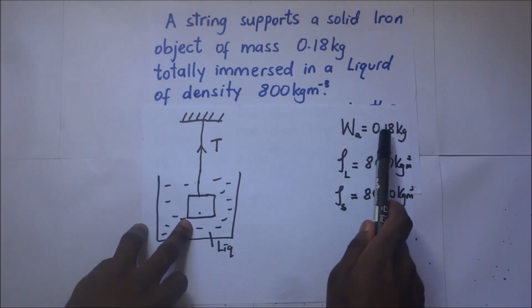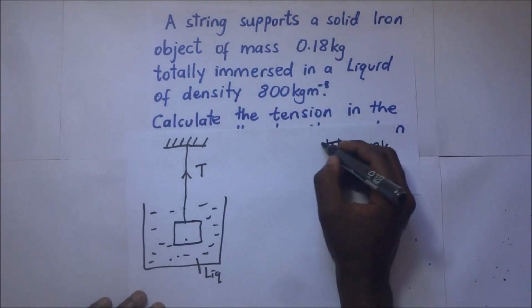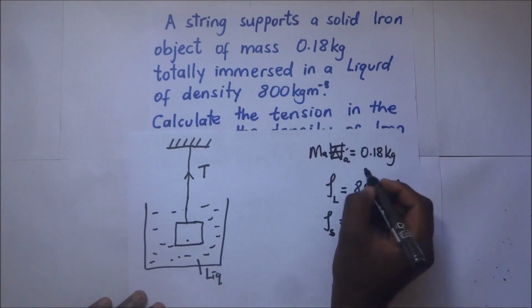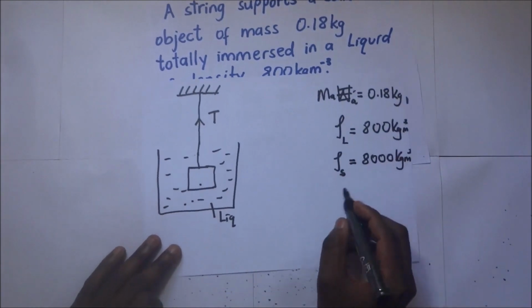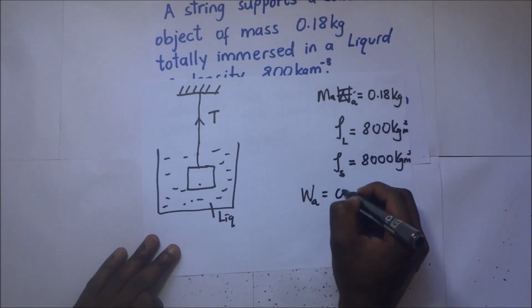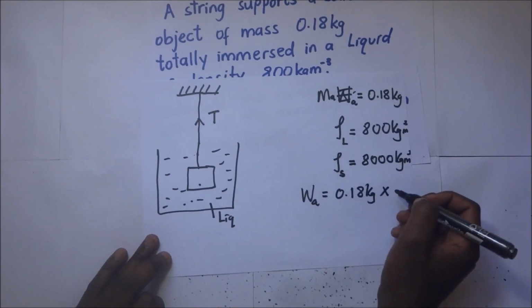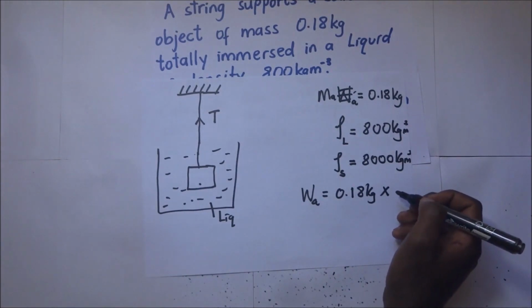Oh, by the way, this is not weight, this is mass. This is the mass in air. So if we want to find the weight of this thing in air, its weight is going to be equal to its mass, 0.18 kilograms, multiplied by the acceleration due to gravity, which is 9.81.